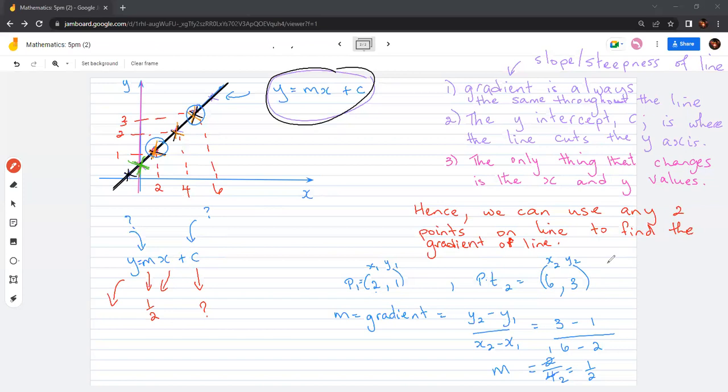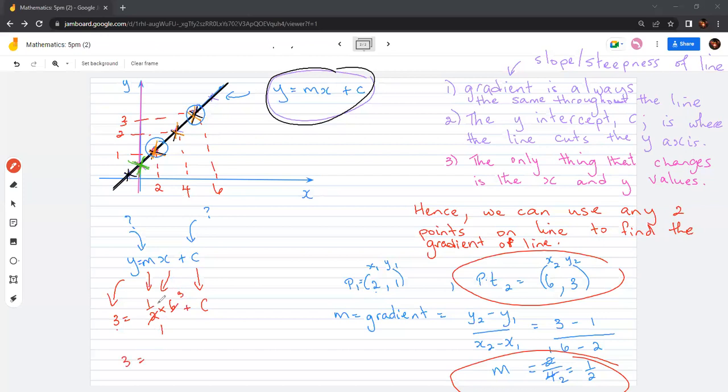So let's take this point here, where y is 3 and x is 6. Now I'm trying to find C. So I'm going to use my algebra in order to find it. So I substituted my value of 3, my value of my gradient. Remember, I found that. So I could substitute it. I could substitute my value of x, and we have to find C. So I could solve. 2 could go into 6 3 times.